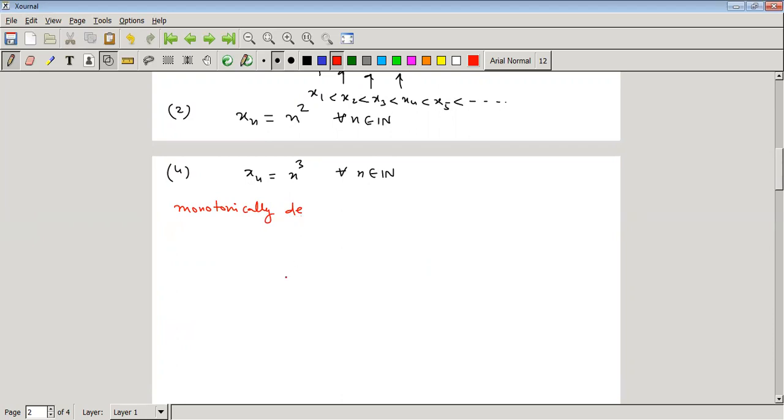Before discussing monotonically decreasing sequence, I write one important note.